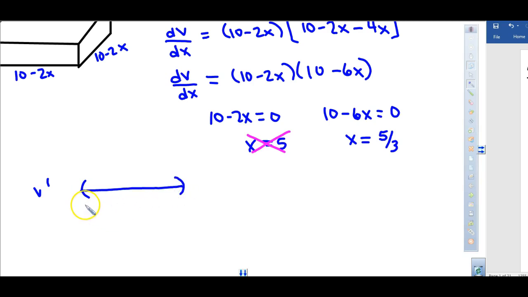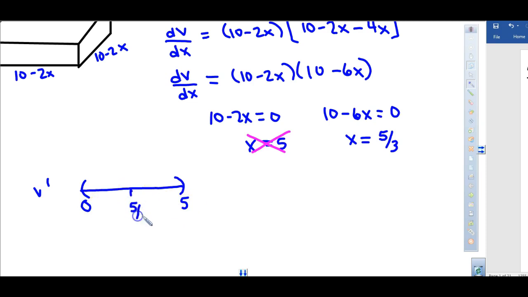Okay, x can only go from 0 to 5, not including either, so it's open. But the reason why I'm leaving this left endpoint as 0 is because it would be crazy to let x be anything that's negative here, okay? Because x is your height, and height can't be negative. So the domain that I'm working with is from 0 to 5.